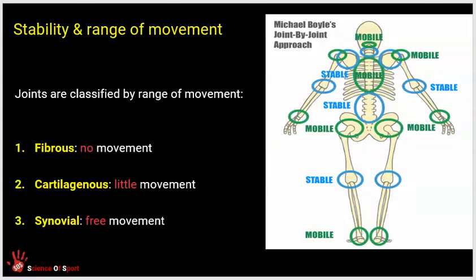Joints are also designed in different locations in the body for different jobs. So this image on the right shows where joints are primarily designed to be for stability or designed for mobility, whether they're designed to be protectively strong and secure or for range of movement. Okay, so knees are more stability.